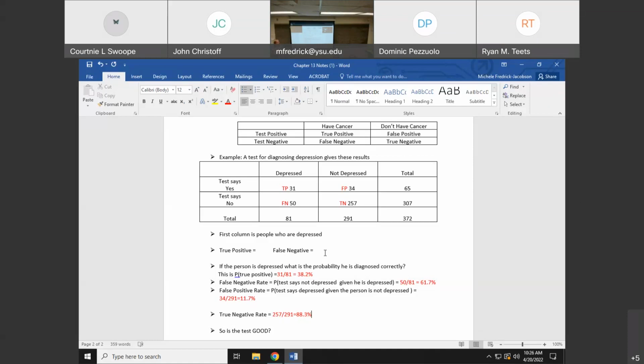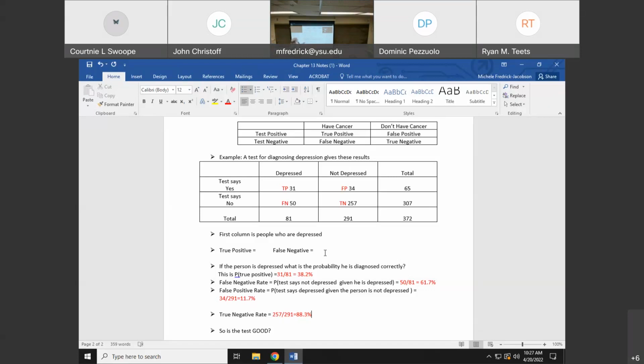Doesn't sound very good. Definitely not. Now, if they're using this in a school setting, maybe the ones that were marked as not depressed, maybe they test them again with something a little better, a quick one. I don't know, but if not, this isn't a very good one.